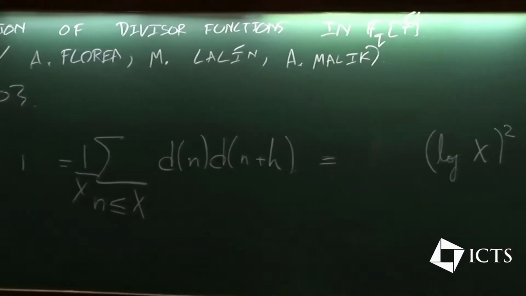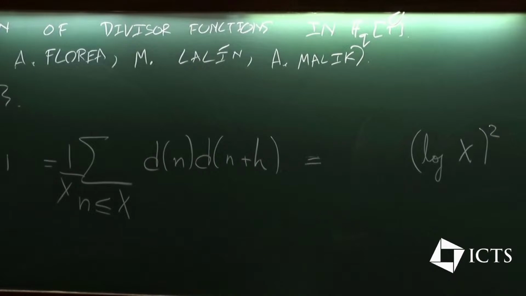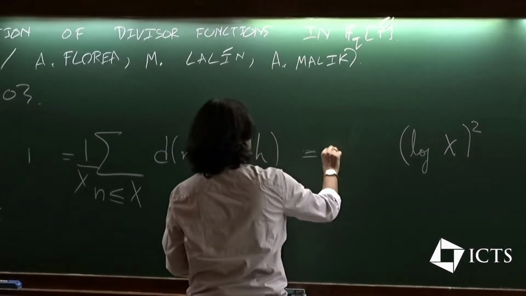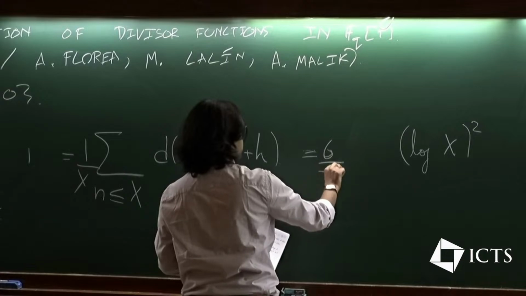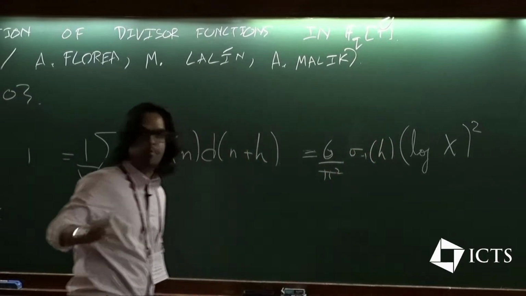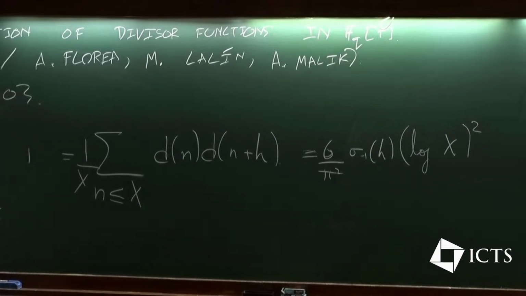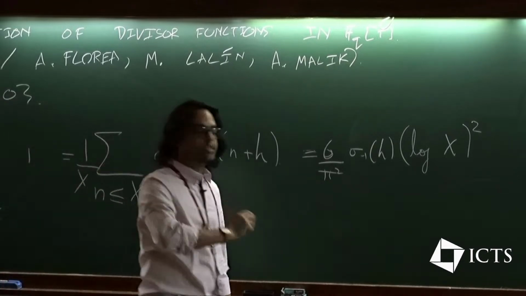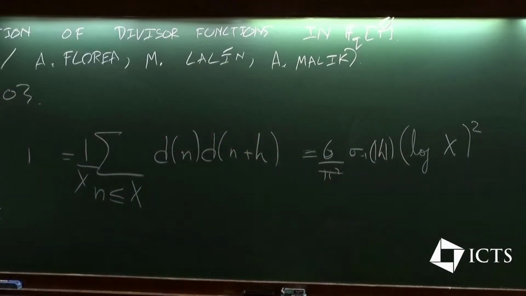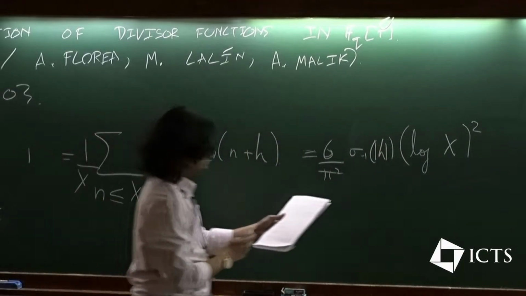If n is divisible by 2 and h is even, then n plus h is also divisible by 2, for example. So there is a local factor that comes up, which is 6 over pi squared times sigma minus 1 of h. This is the same factor that Shatalal had, except he wrote it as sigma of h over h, and maybe I should have an absolute value here. Okay, so this is what you should expect.